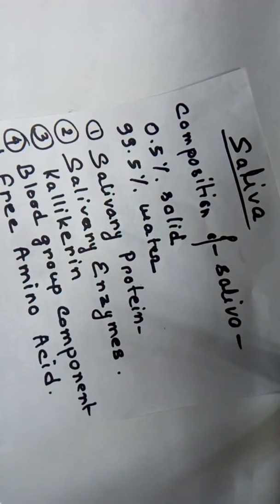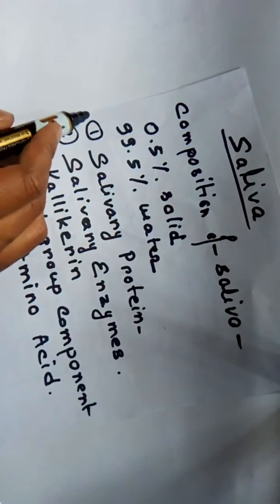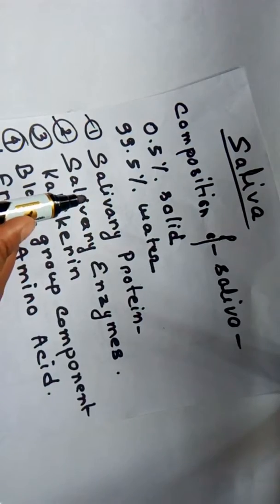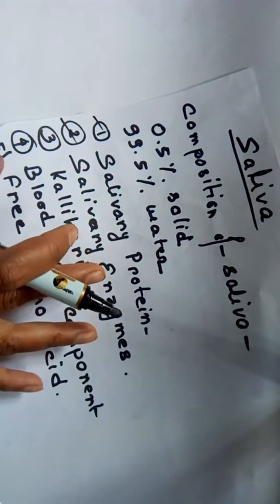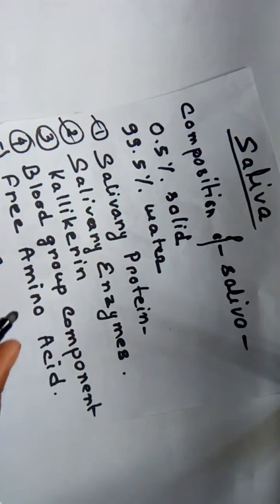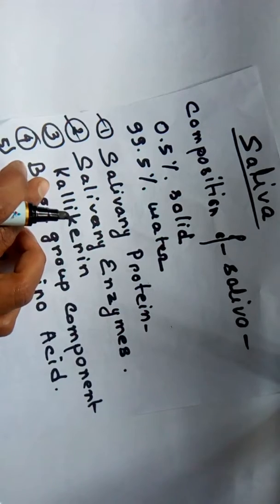So let's talk about the salivary proteins. Salivary proteins are mucin and albumin. Salivary enzymes are amylase, lysozyme, and carbonic anhydrase.